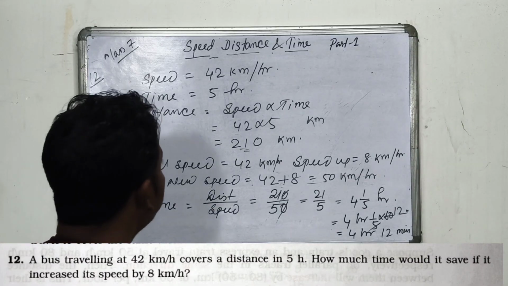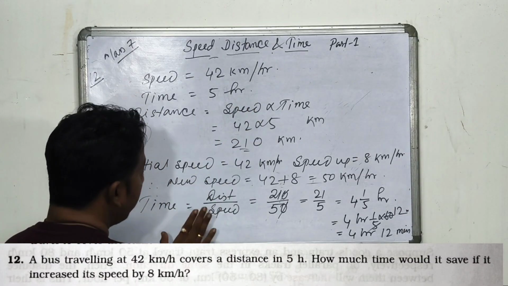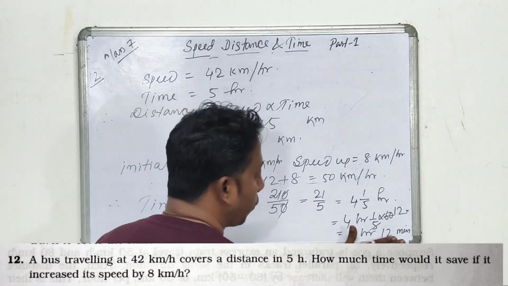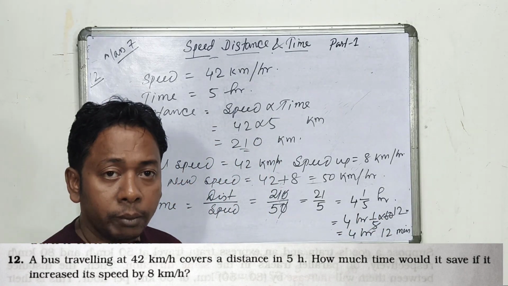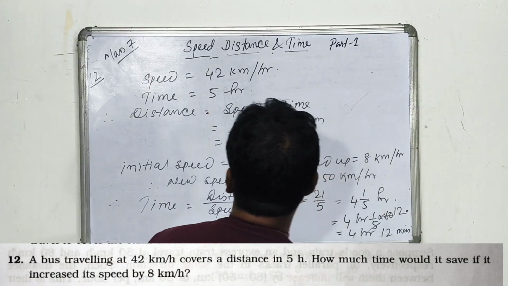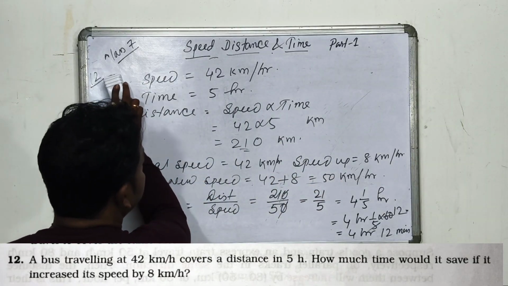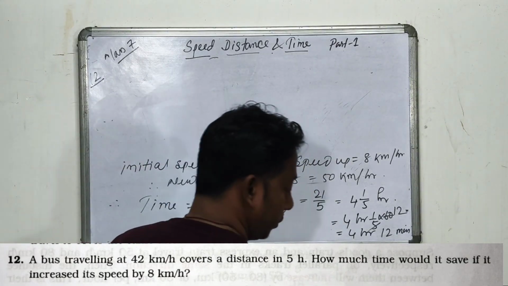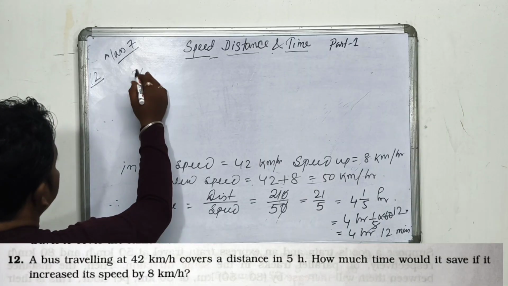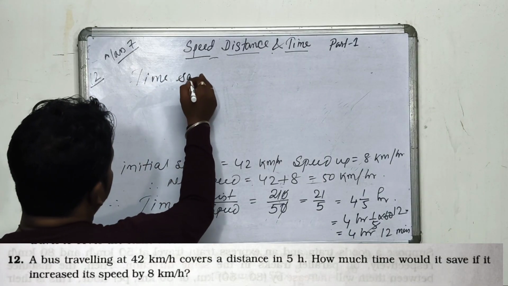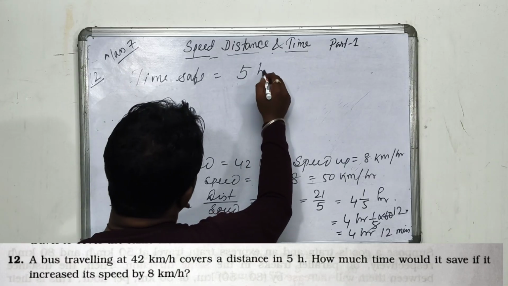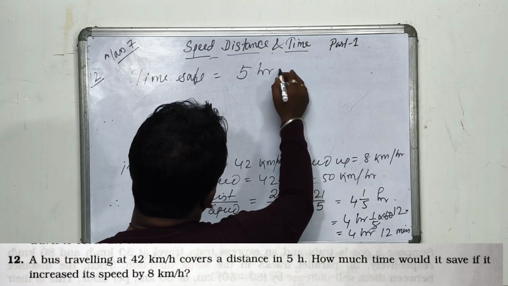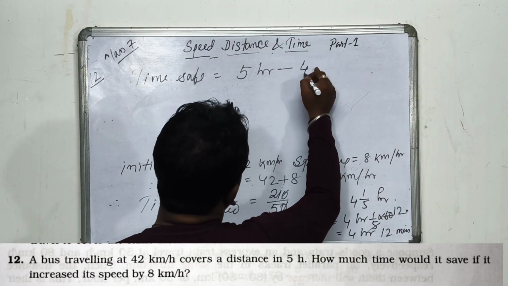Okay, so first it took 5 hours and in the second case it took 4 hours 12 minutes. How much time did it save? The time saved by the bus is 5 hours minus 4 hours 12 minutes.